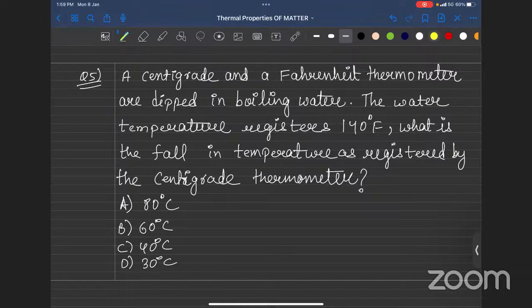So again, you're having 2 minutes to solve this question. Then I'll be providing you the solution here. Okay, please solve it.